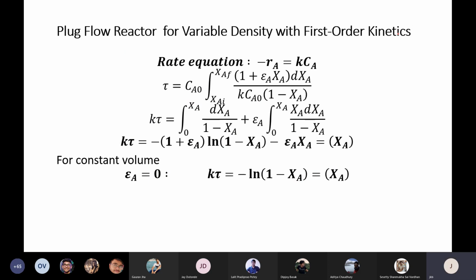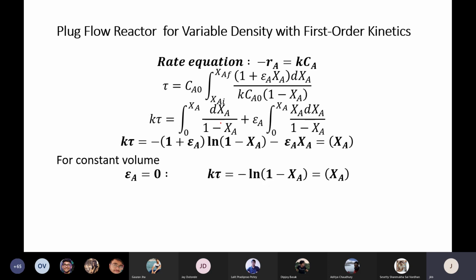And for first order kinetics using a plug flow reactor, the rate constant multiplied by Ca, this is written in terms of variable volume concentration term. So 1 plus epsilon A Xa will be in the numerator.